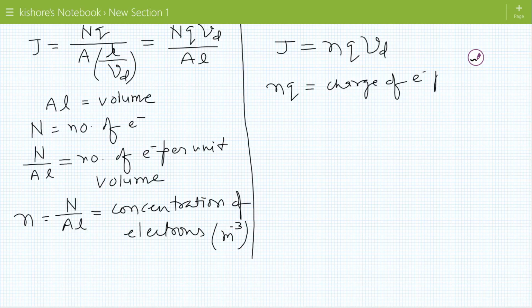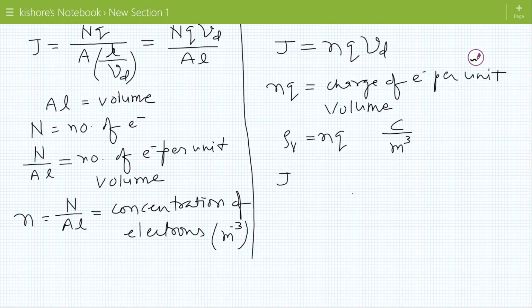So charge of electrons per unit volume is also denoted by rho v, and its unit is coulomb per cubic meter.